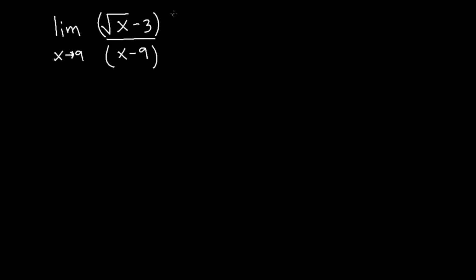So the conjugate of square root of x minus 3 is square root of x plus 3. Since it is negative, the conjugate should be positive. So that's over square root of x plus 3. Since you multiplied the top, you also multiply the bottom.